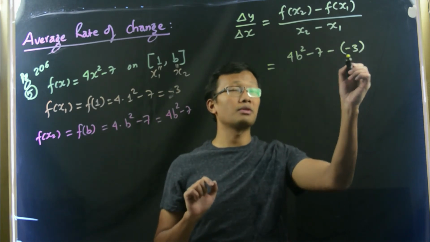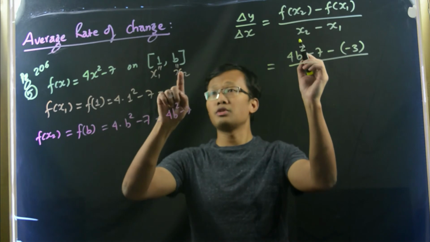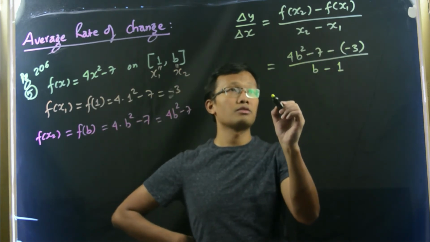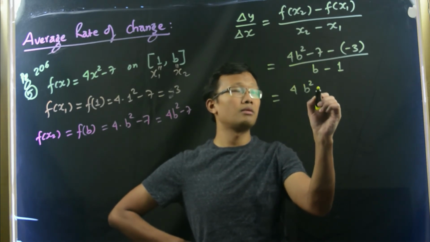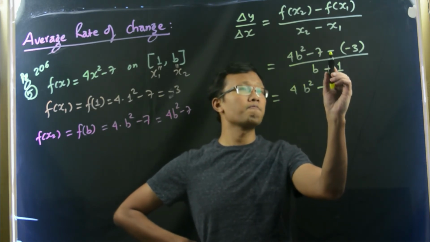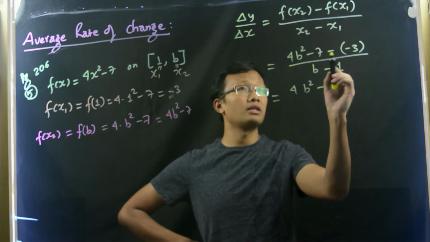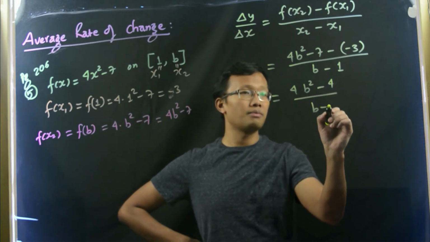So be careful about the negative signs and plug in the values appropriately. x2 is b minus x1 is simply 1. So that would be 4b squared minus 7 minus minus 3, that's 7 plus 3. Negative 7 plus 3 is negative 4. So that's over b minus 1.